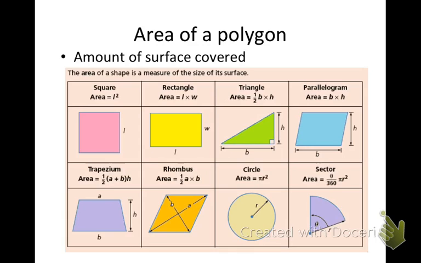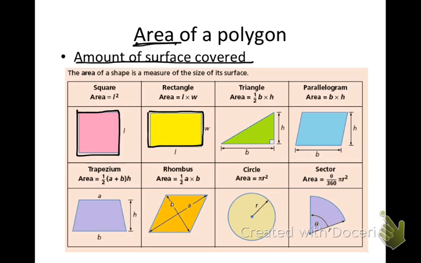So now that we know what a polygon is, in this chapter we're going to look at the area of a polygon. So area is really the amount of surface that is covered. So go ahead and write that down. You do not need to copy down the pictures, but this just shows you if I wanted to figure out the area of a square, that would be all of this pink area. If I wanted to figure out the area of a rectangle, that would be the yellow area.